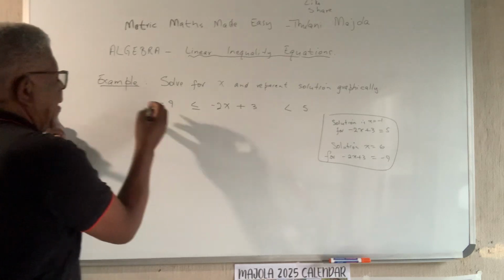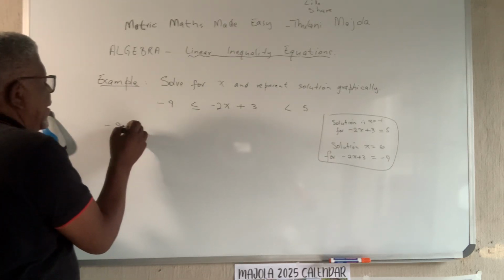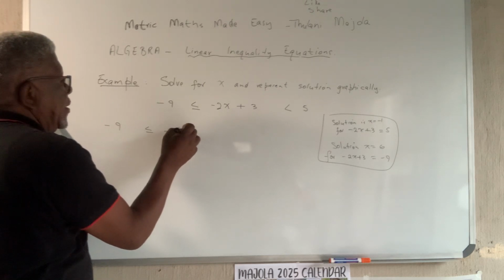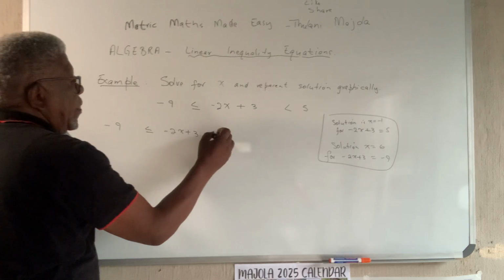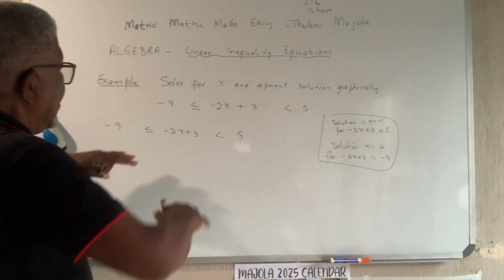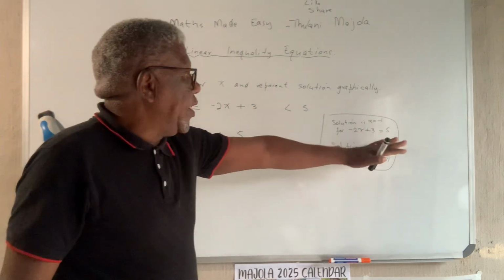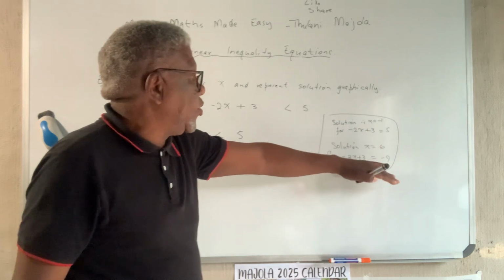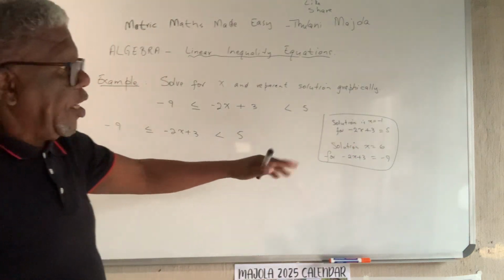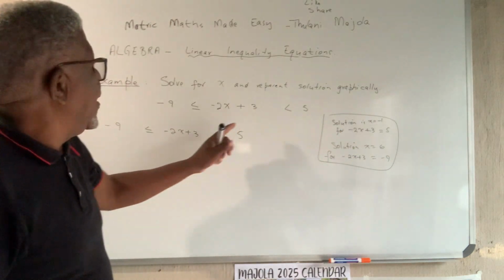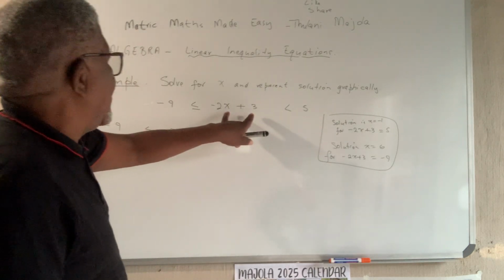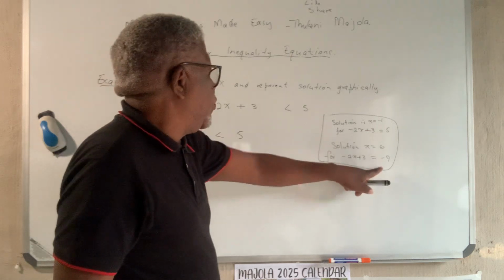Now let me rewrite the inequality: negative 9 less than or equal to negative 2x plus 3 less than 5. We've got the solutions x equals negative 1 and x equals positive 6. Those are your roots, the solutions when negative 2x plus 3 equals 5, or when negative 2x plus 3 equals negative 9.